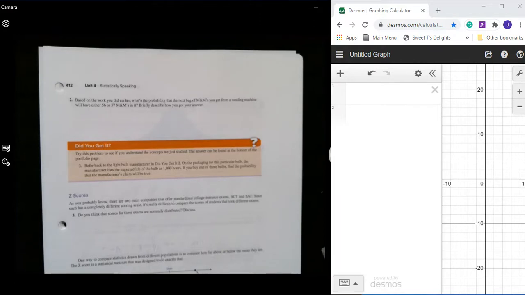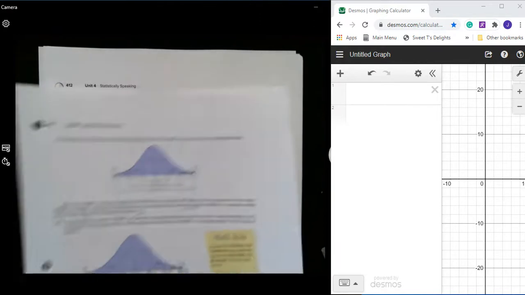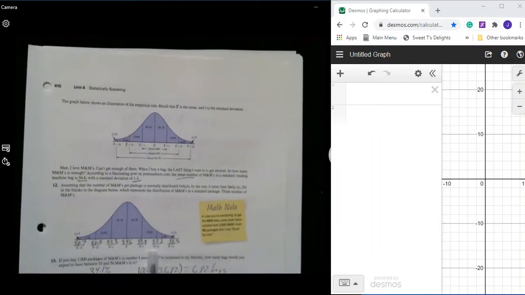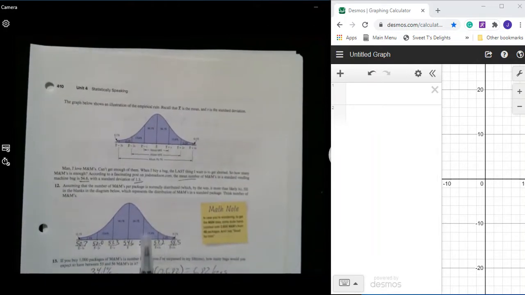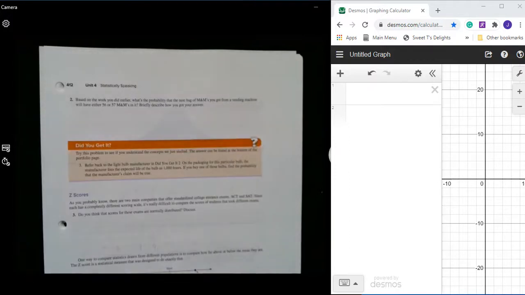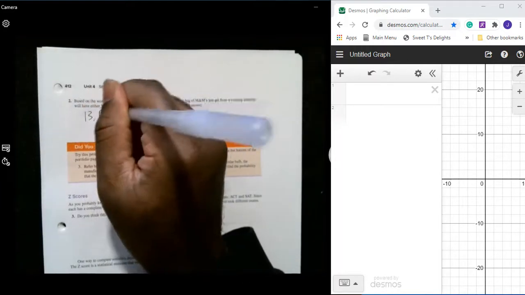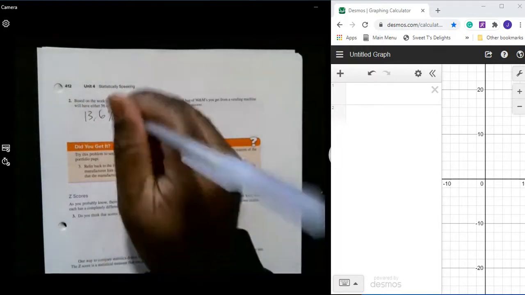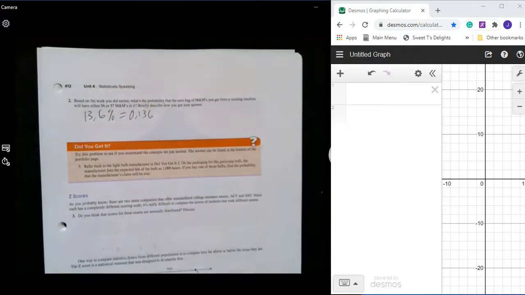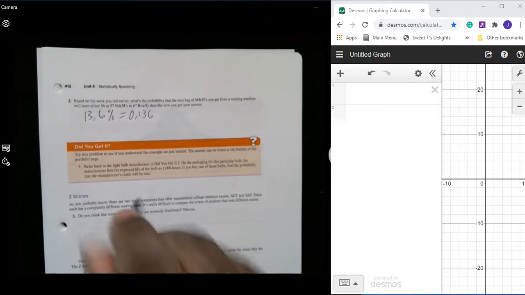So what we would have to do is go back to this chart here. And it says 56 or 57. So it'll be basically this 13.6% as we see here. So we will put 13.6%. And then that would equal 0.136 if we wrote it as a decimal.